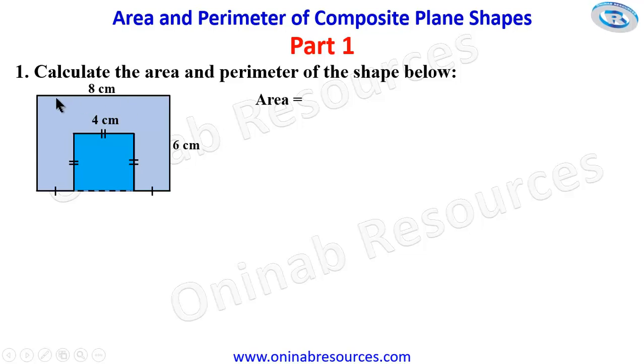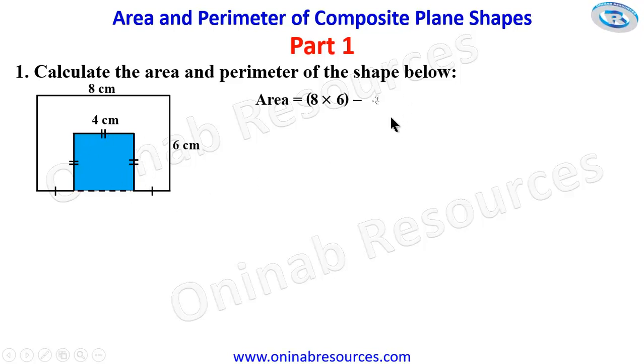So the area of a rectangle is length times breadth, and the length is 8 centimeters and the breadth is 6 centimeters. So we have the area to be 8 times 6, taking care of the area of the rectangle. And for the square, we are going to have minus the area of the square, and the sides of the square are 4 centimeters.